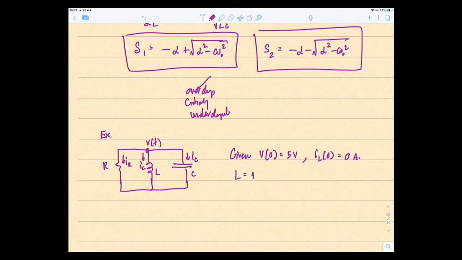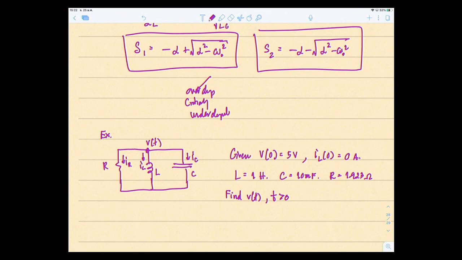L is equal to 1 Henry, C is equal to 10 millifarad, and R equal to 1.923 ohms. And I want to find V of t at t greater than 0.